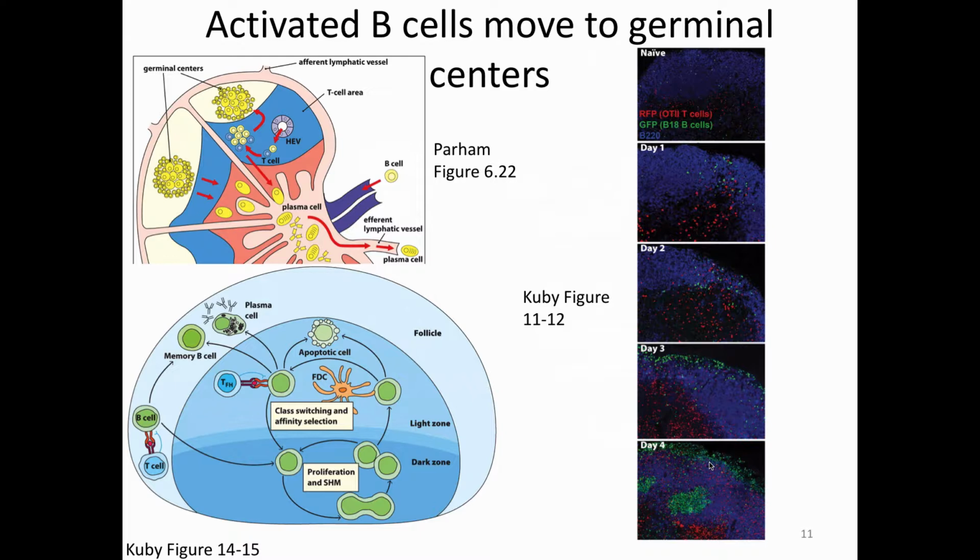Ideally, that B cell is going to find some places where there's free antigen, where there might be antigen for its B cell receptor to bind. There is a specific place in our secondary lymphoid organ where all of the free antigen gets collected. So it's in a good spot for the B cells.